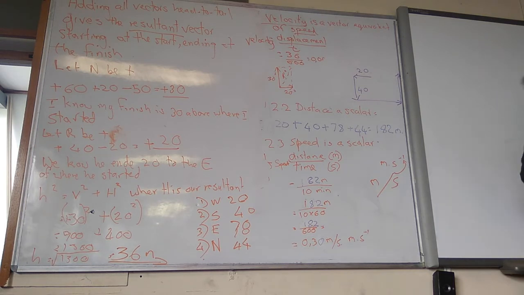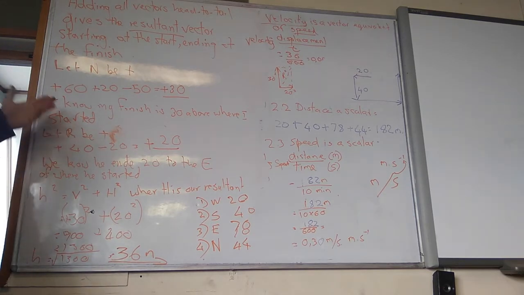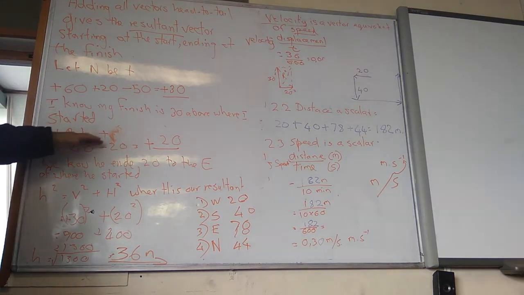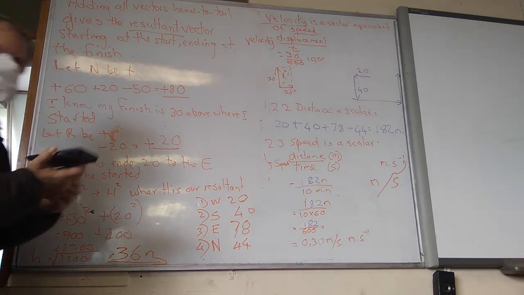So, we'll go here to this part of the board again. So, let right be positive. I should have said east-west, but again, he chose right as positive. So, let's have a look. He started and went minus 20. Then he went to the right at some stage, or east, plus 78.